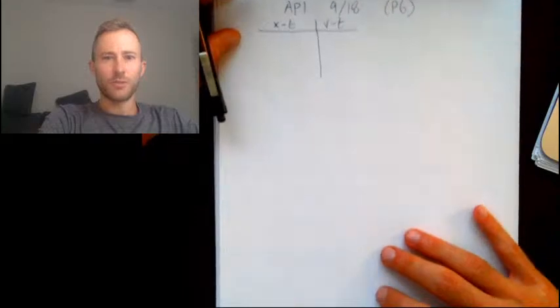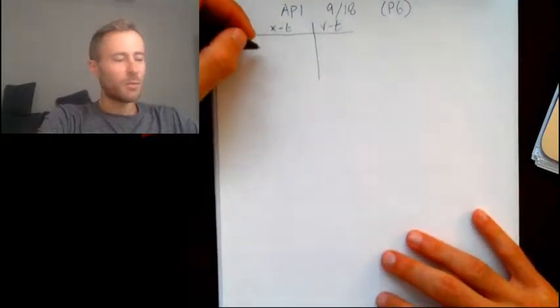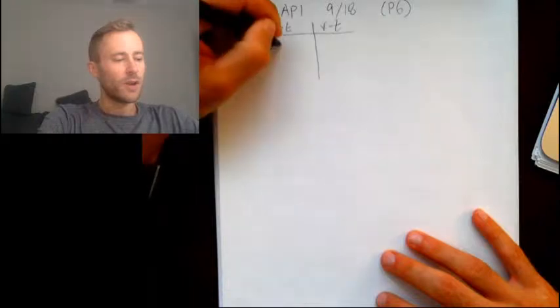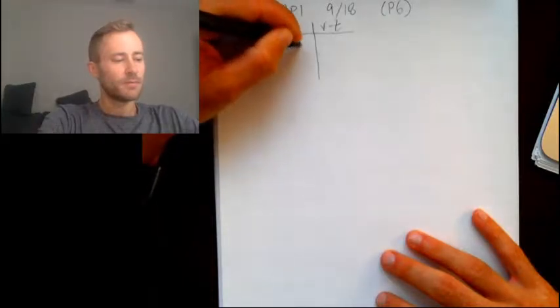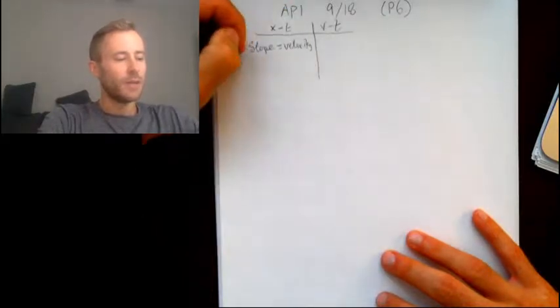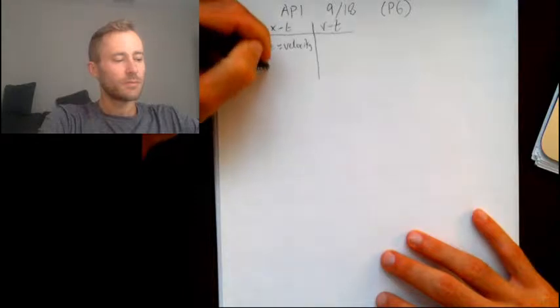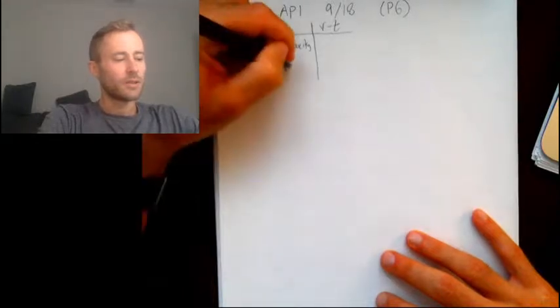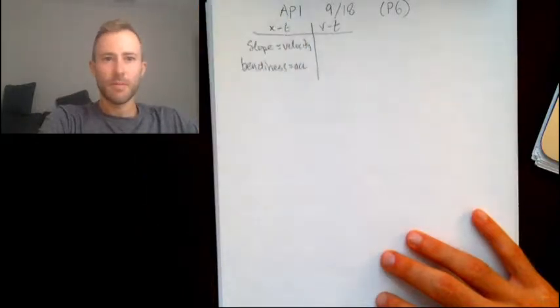And the facts that we learned are that if you have a position time graph, slope is velocity, and bendiness is acceleration. Okay.